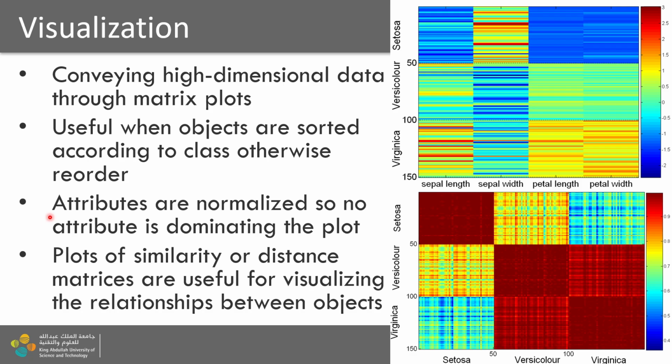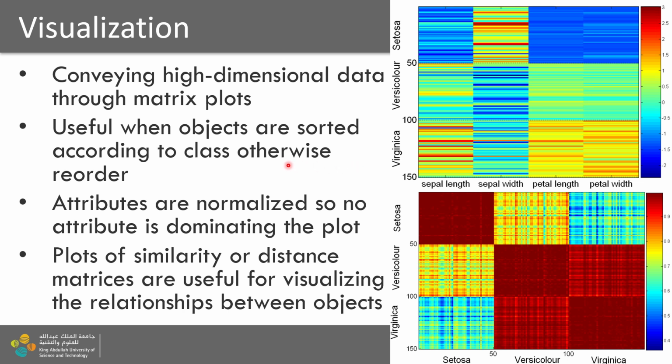We have already mentioned that this is useful for high-dimensional data, and it is useful when the objects are sorted according to the class. So we have here the information about the classes, and that allows us to compare the class of setosa with the other classes and see the color.